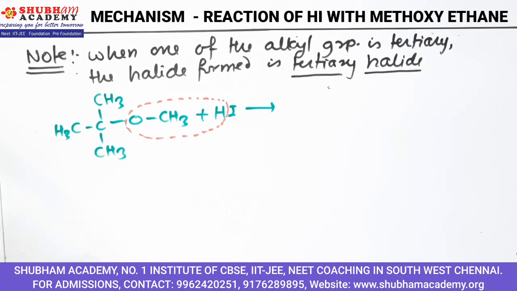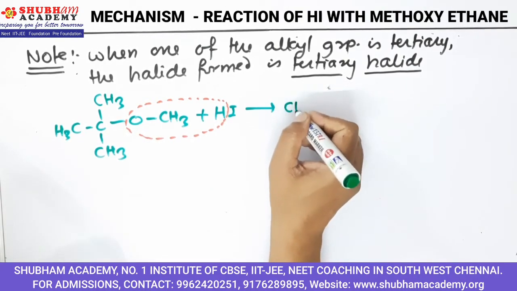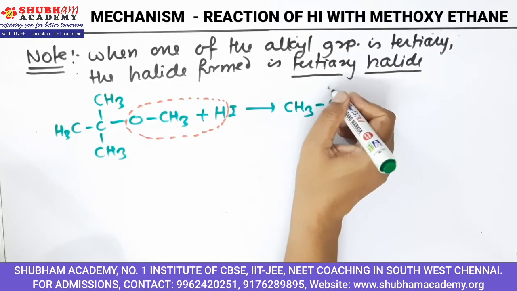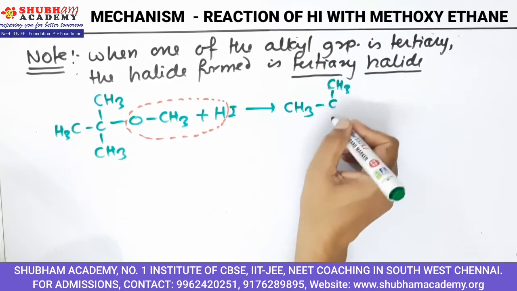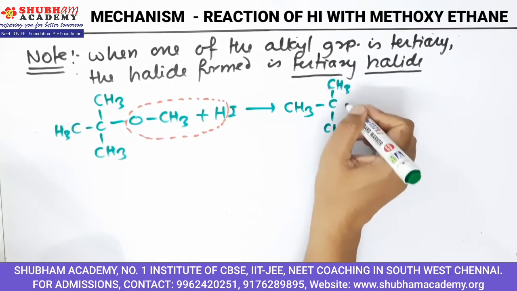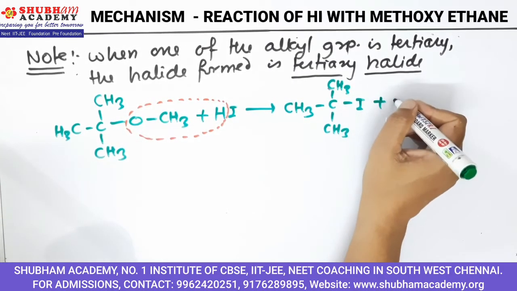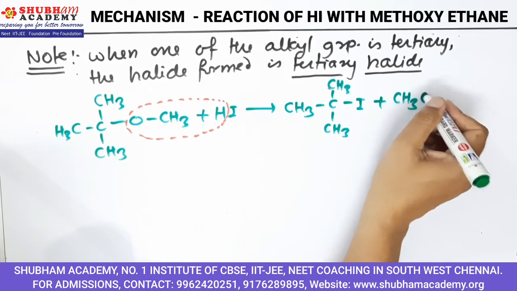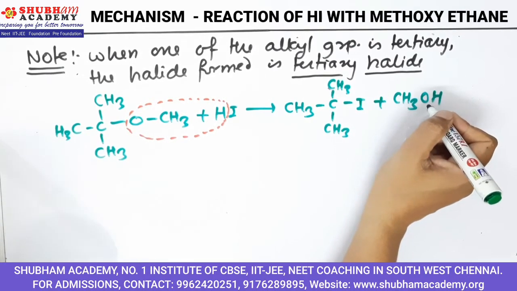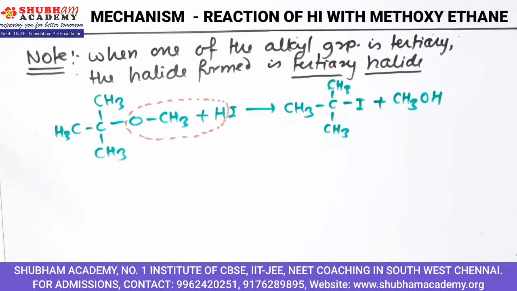So, our product will be CH3, CH3, CH3, I, tert butyl iodide, plus CH3OH. Okay.